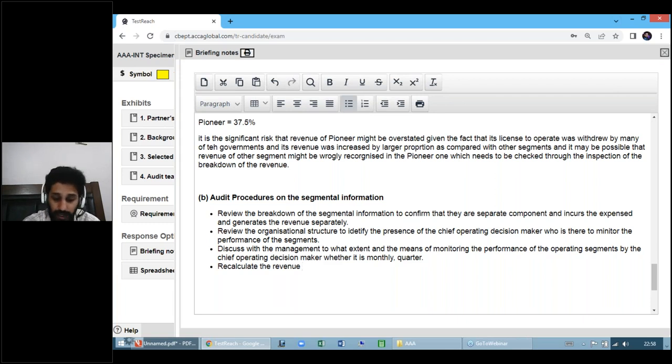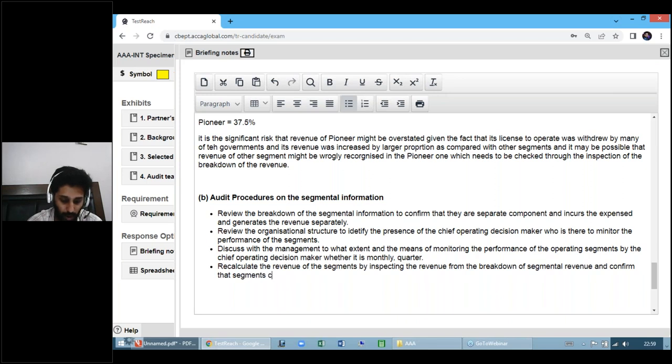So recalculate the revenue of the segments by inspecting the breakdown of segmental revenue, and confirm that the segments contribute 10% or more of the combined group revenue, right? You should write this.